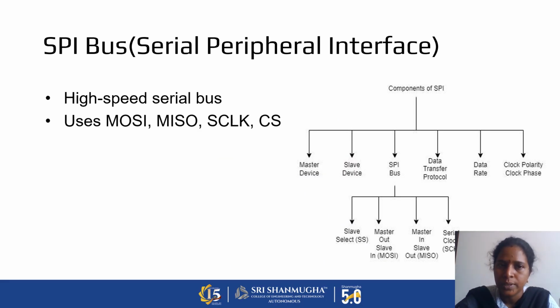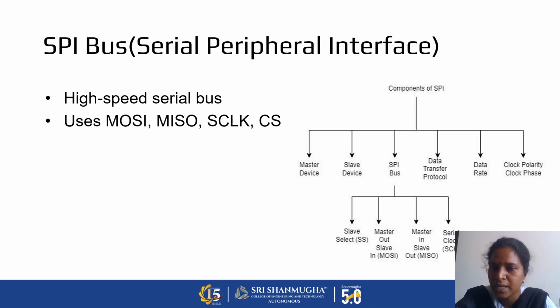Then we move to the next bus, that is SPI, serial peripheral interface. Generally the serial peripheral interface can be classified into different types, and the components present are the master device, slave device, and serial peripheral buses.